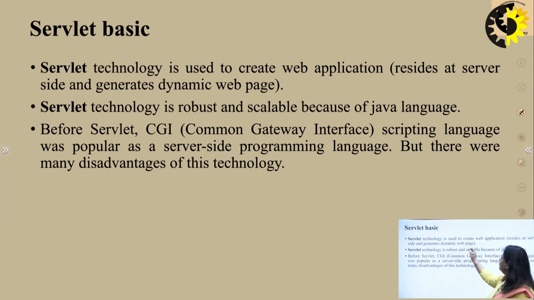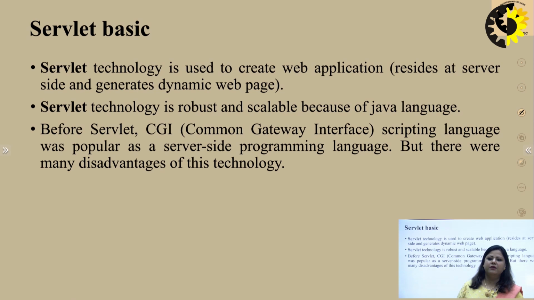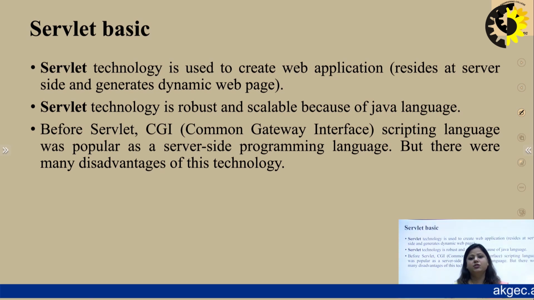Servlet technology is used to create web applications, such as those residing at the server and client-server pages. Whenever we require a client-server request, there are three steps that act like a handshaking process.